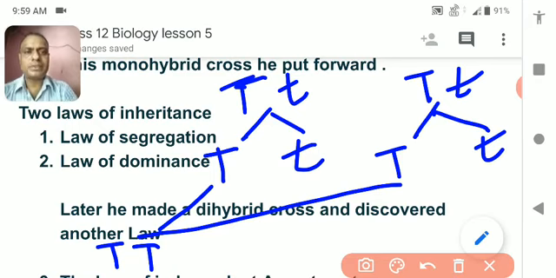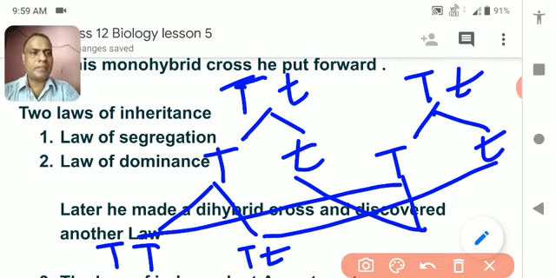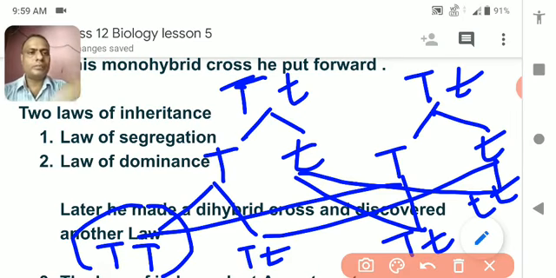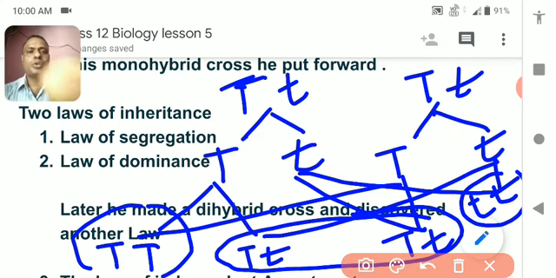A new plant is produced, capital T capital T. If capital T meets small t, it produces capital T small t. If small t combines with capital T, it will give capital T small t. Remember, capital will always be first. And if small t combines with small t, it will give two small t. So you can see this one is pure tall, these two are hybrid, and this is pure dwarf. So it is the F2 generation.